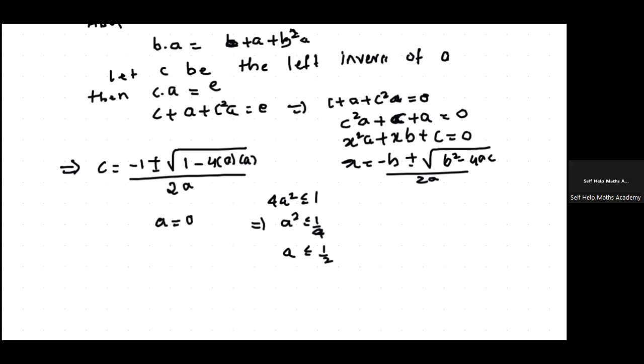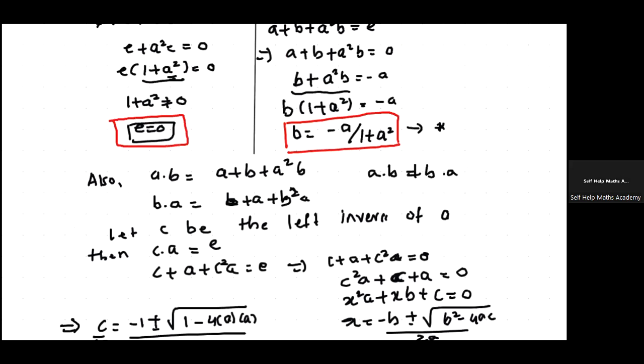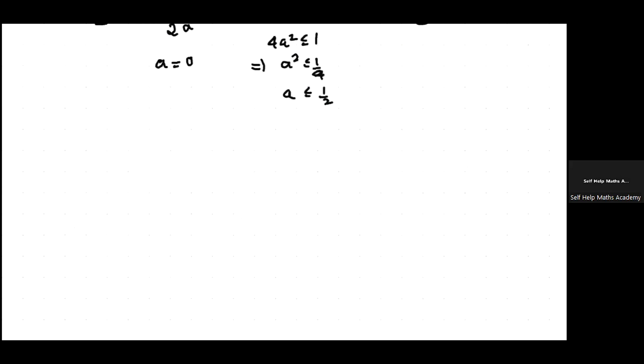Thus we find the left and the right inverse of a, which are not equal. This is your left inverse, and here we have found the right inverse. Both are not the same.